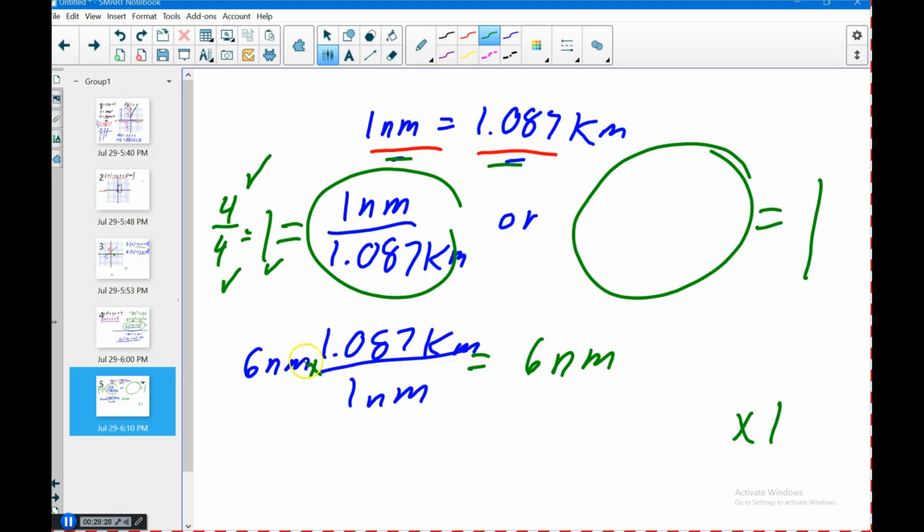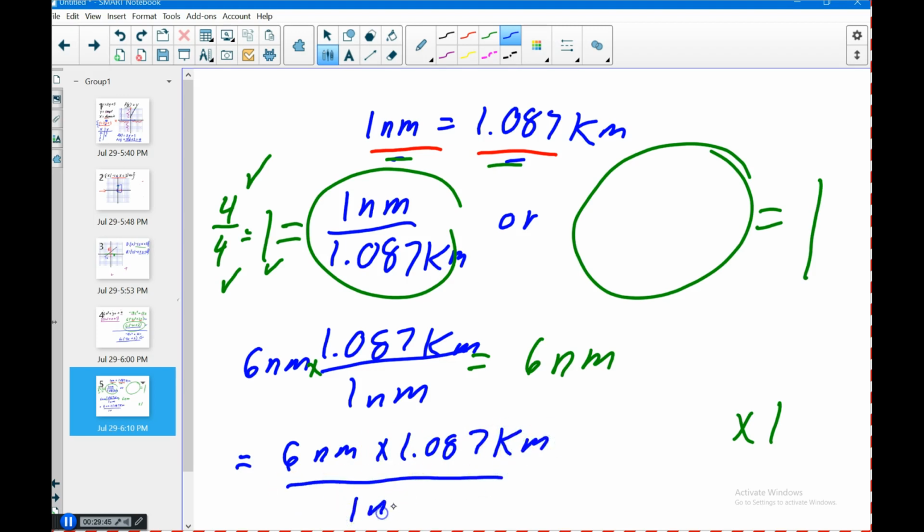So 6 nm times 1.087 km, all divided by 1 nm. And the nm on top and bottom cancel. So what I'm left with is just 6 times that.